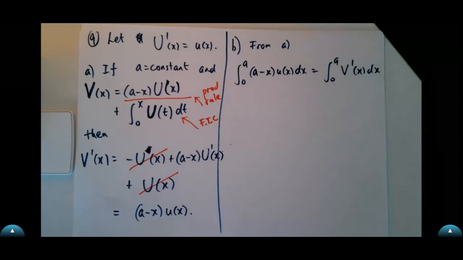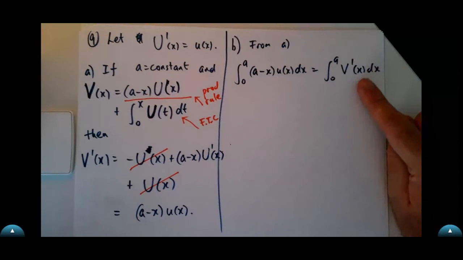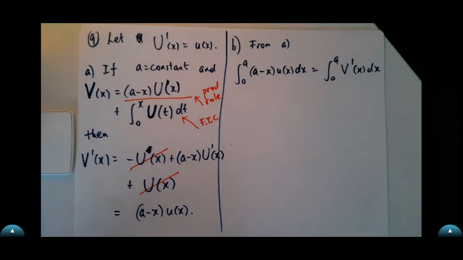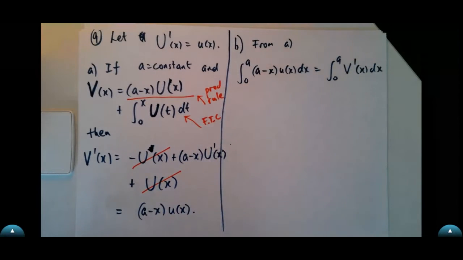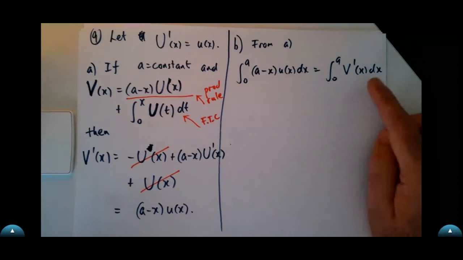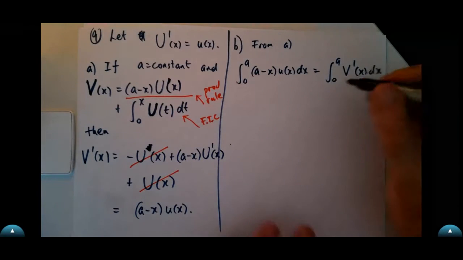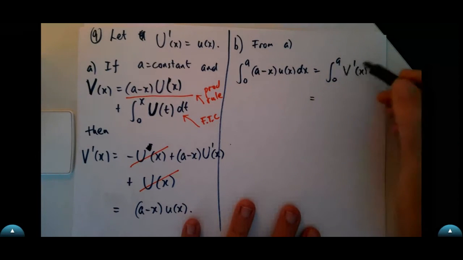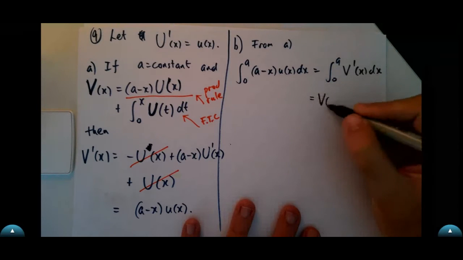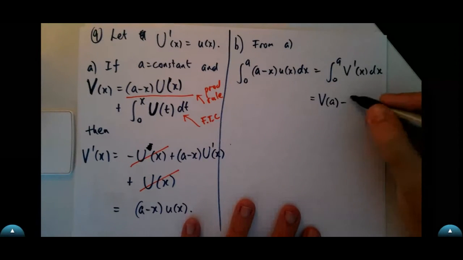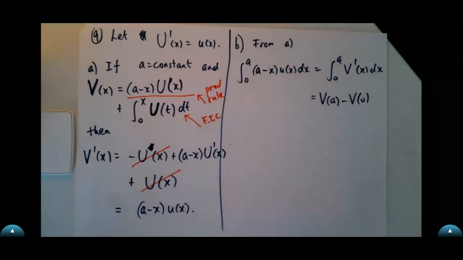On the chat, who can tell me what this right-hand side will simplify down to? We can't really simplify this much. Yep, you're on the right track there, Osmond. Don't forget the v of 0 here as well. If we integrate the derivative, it's going to be v of a minus v of 0.